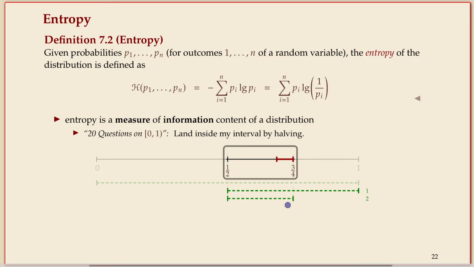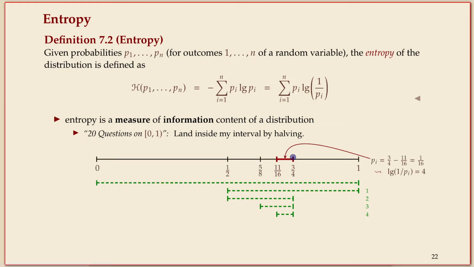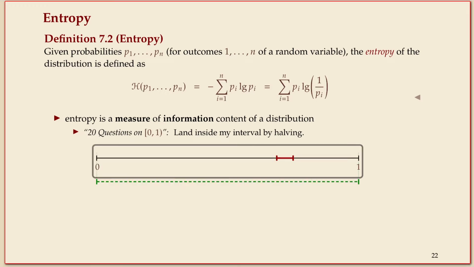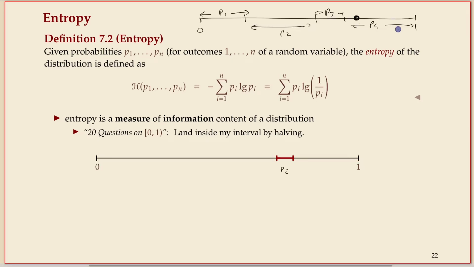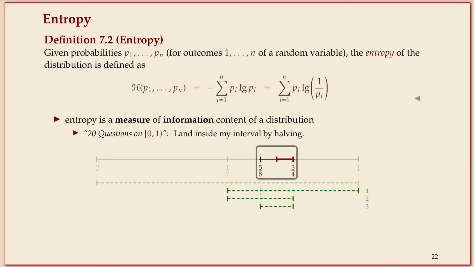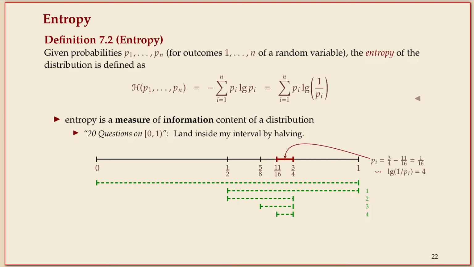You cut this in half again, and again, and again, until the distribution is known to you. So if you want to find this point, it's enough to say, oh, okay, it's contained in this range. Then you know the output was 4, because it's all entirely contained within this p4 interval. So at this point, you can stop here, and you only needed 4 questions.